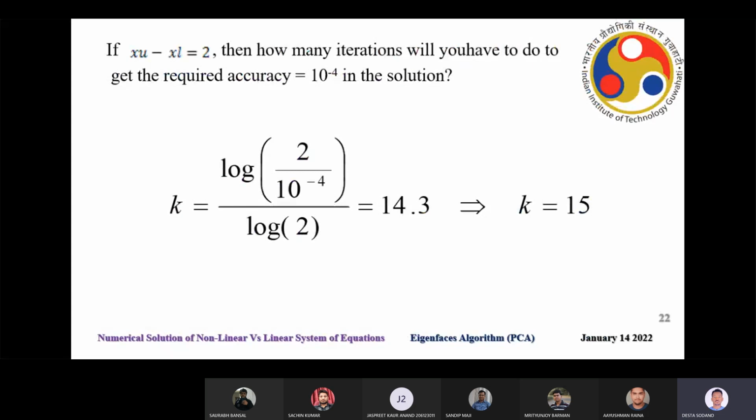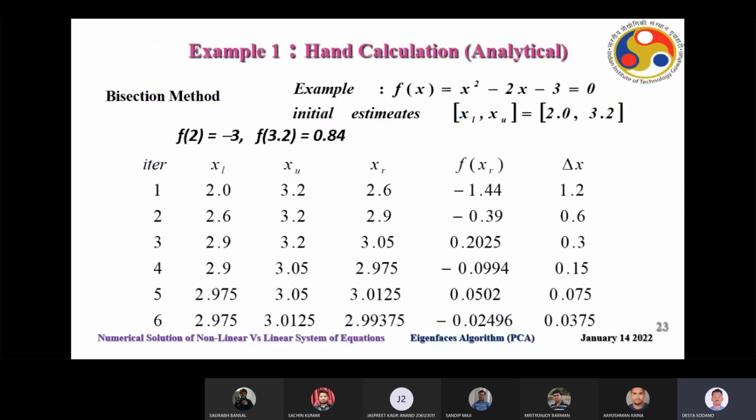Here is an example: how many iterations will we need to acquire a solution accurate to 10 raised to minus something? If the approximation of the exact value becomes 2, our iteration count becomes 15. So we directly substitute into the above formula. This is a hand calculation using the bisection method. Iterations 1 up to 6 are already available.